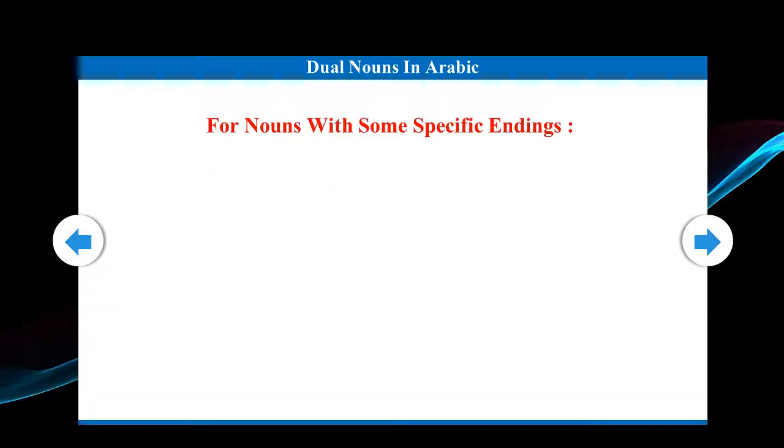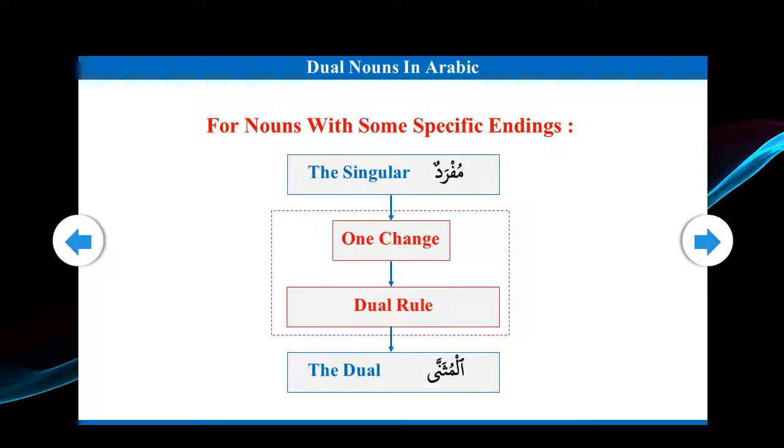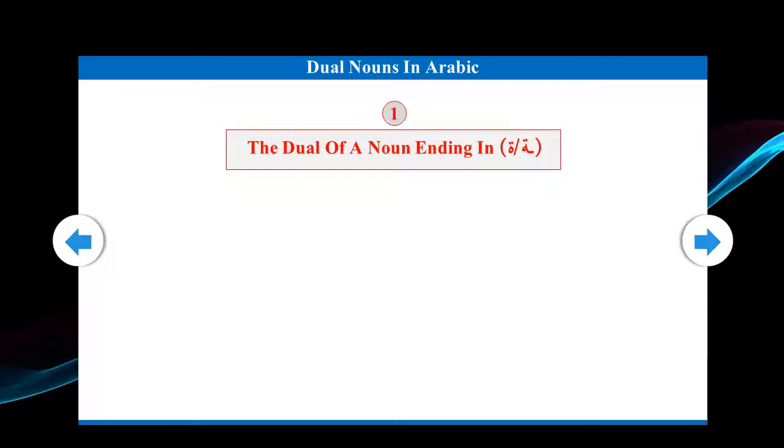Now, for other nouns with some specific endings, we have to make one change at the ending before applying the dual rule. The first case we will study is about nouns ending in ta marbuta.